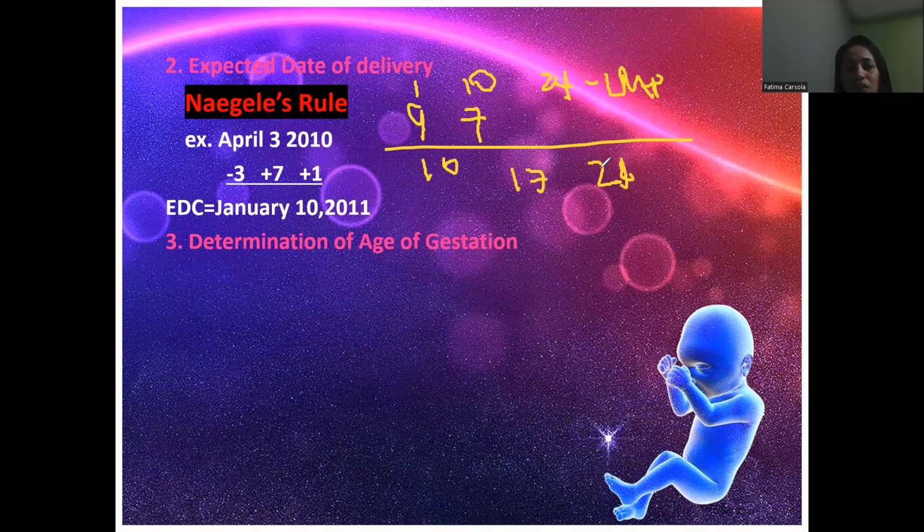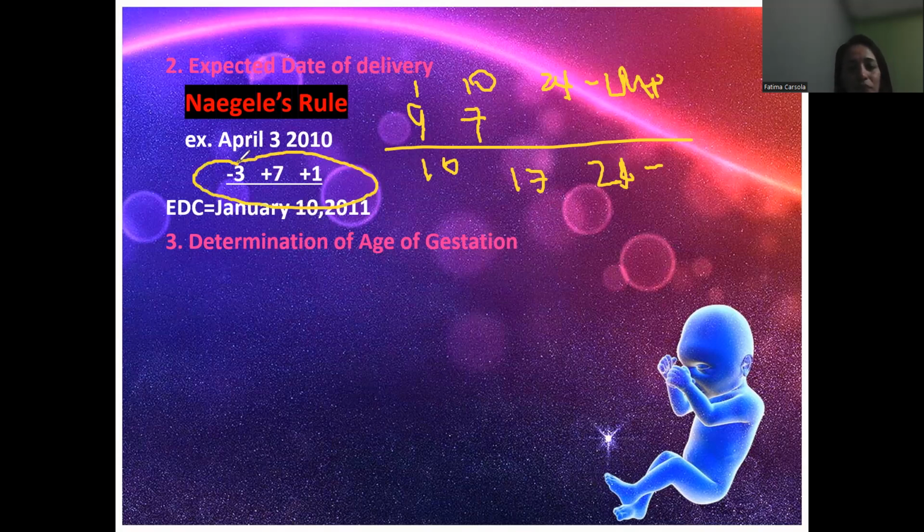So it means that my expected date of confinement, or the expected date of delivery, for the LMP of January 10, 2024 is October 17, 2024.